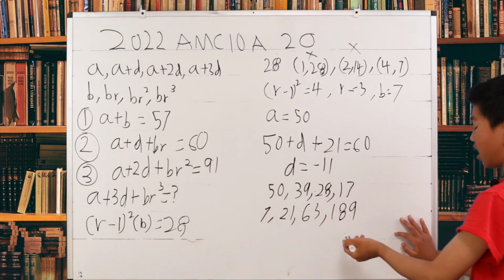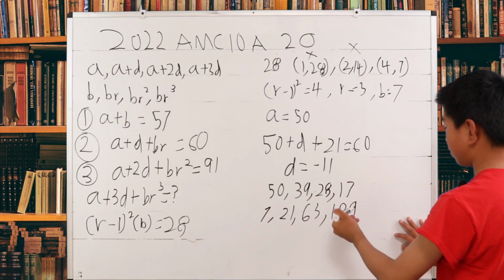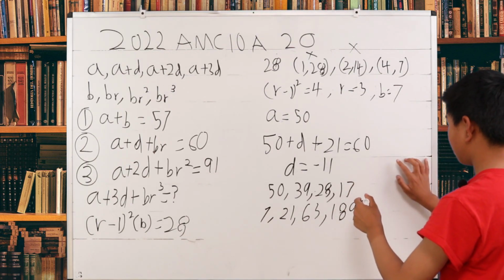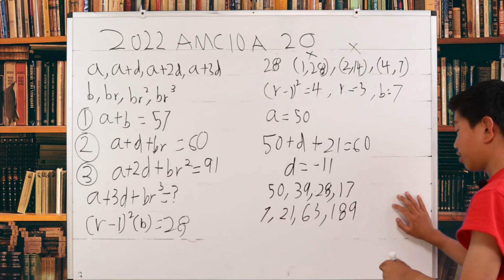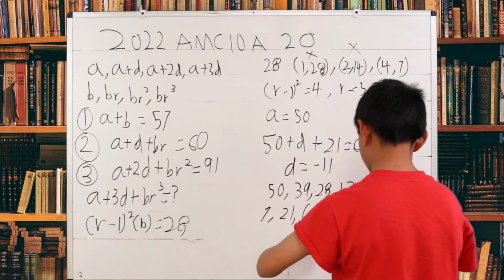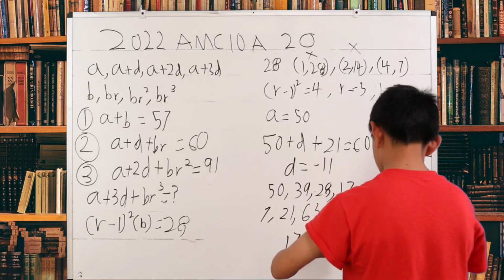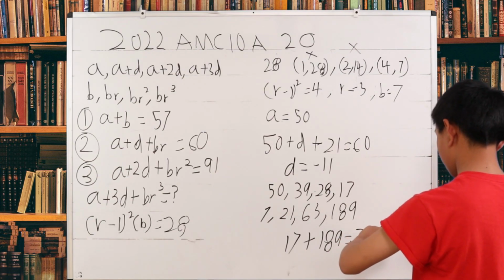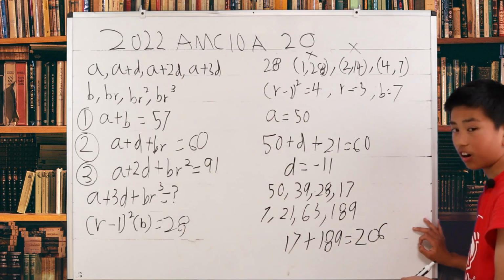So therefore, we have the numbers in the fourth term. So we just add them to get our answer. 17 plus 189 is equal to 206, which is indeed our answer.